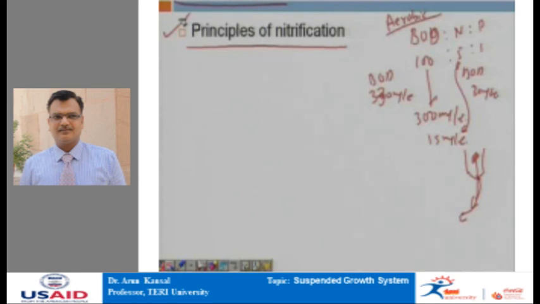So, nitrogen, if present in the sewage, a certain amount of it is required for the growth of organisms. The steps in nitrification: ammonium nitrogen is first converted by a set of autotrophic organisms known as nitrosomonas. So, nitrosomonas convert ammonium nitrogen into nitrites.